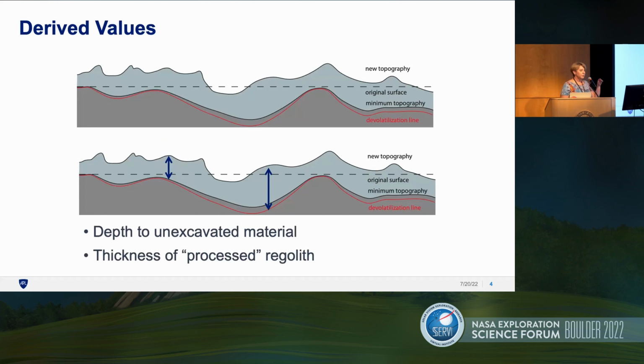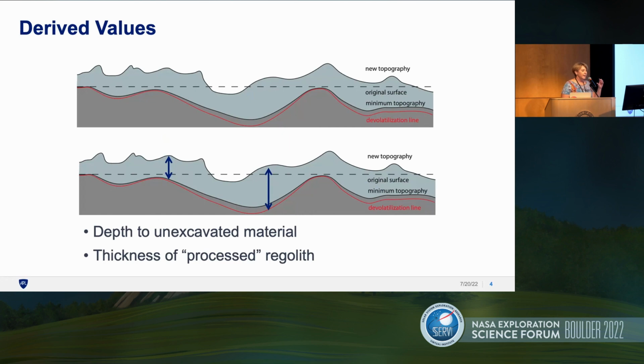And then I also track a line that's basically 5% below any crater that gets emplaced, and call that the devolatilization line, so that any crater may drive the volatiles out some distance below that crater. So, just by tracking those 3 numbers, I can derive all sorts of values.